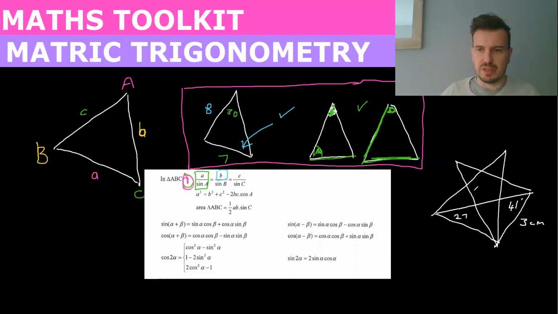So say they give you this example here, and then what you would do is, if you look at the colors, you can see, okay, this is an example where I could use my sine rule.